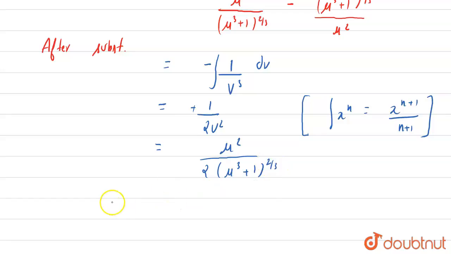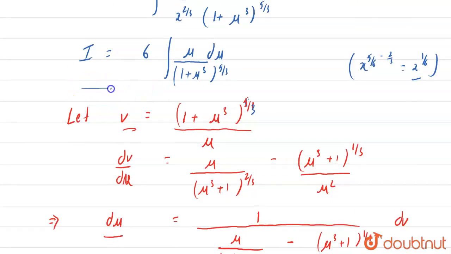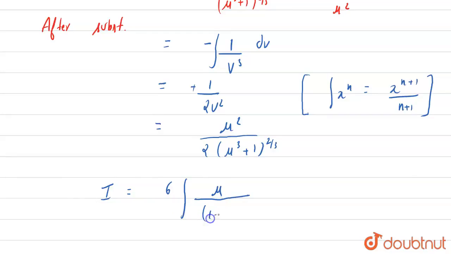Now you can see that our main integration is I equal to this. If we write it again as it is, our I equals 6 times u over (1 plus u cube) power 5 by 3 du.